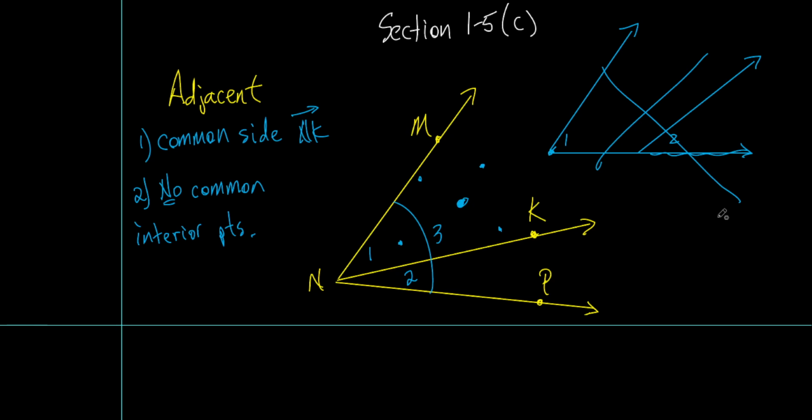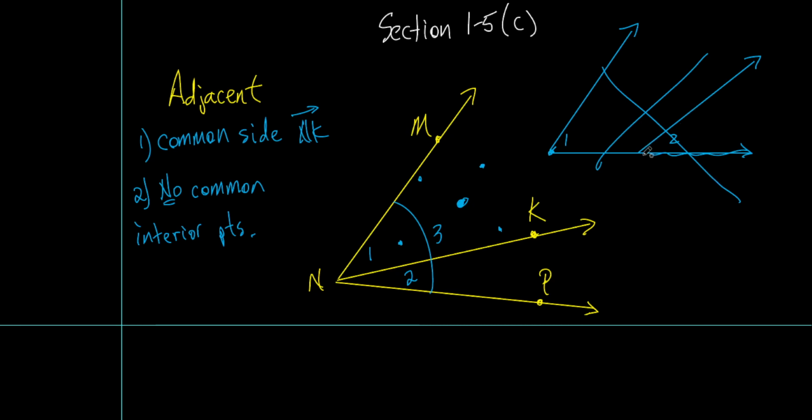Okay? That's the only other thing I could think of that they might ask you about as far as whether they're adjacent or not adjacent. That's pretty much it. Wait, how is the right angle not the common side? This one right here? Yeah. Well, that's not even close to part of angle 1.